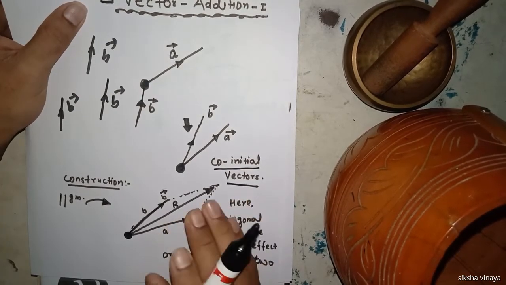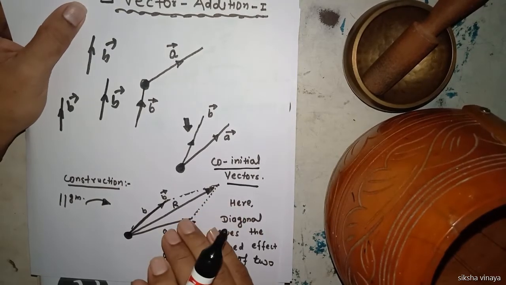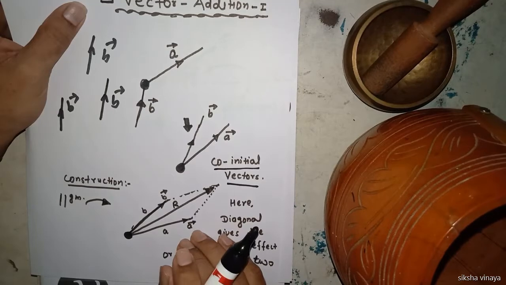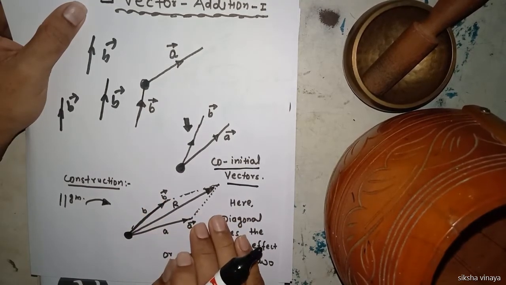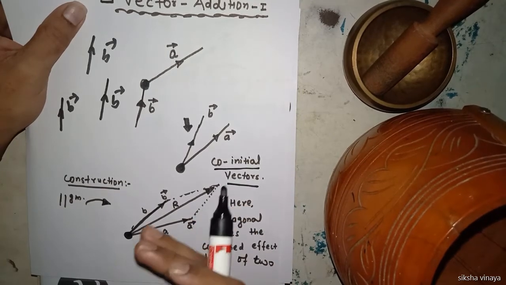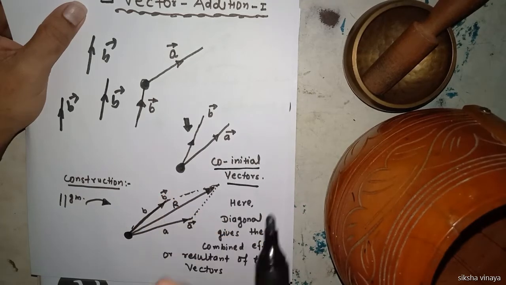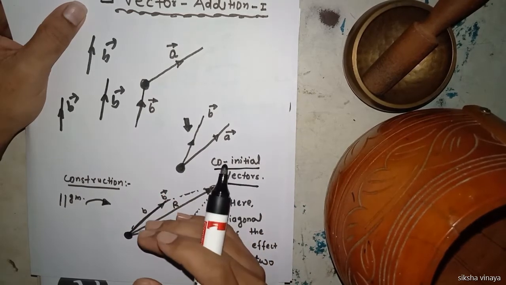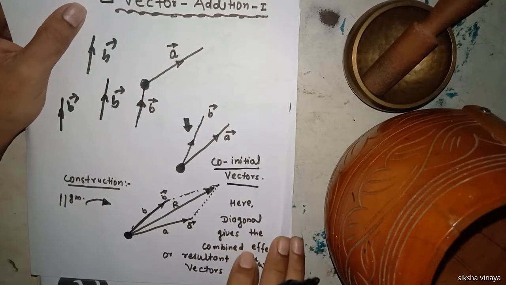There are other methods also, the triangle law or polygon rule of vector addition. But I am discussing the easiest, the parallelogram law of vector addition. If you want deeper knowledge about the triangle or polygon rule, you can go for the 11th class physics book.